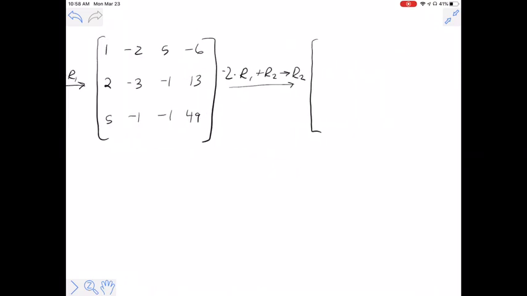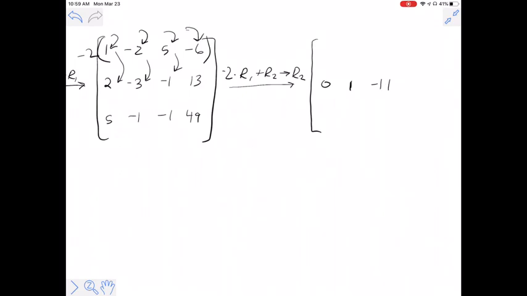So this whole top row is multiplied by -2. So -2 times this 1 is -2, and then -2 plus 2 is 0. -2 times that -2 is 4, and then 4 plus -3 is 1. -2 times 5 is -10, and then you add -10 to -1, and you get -11.